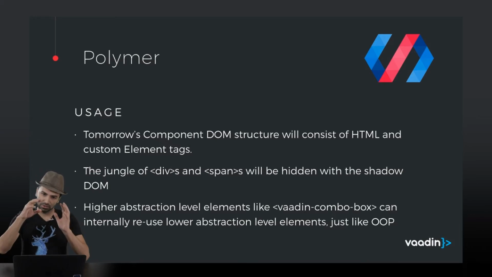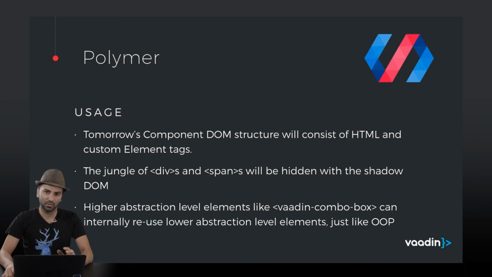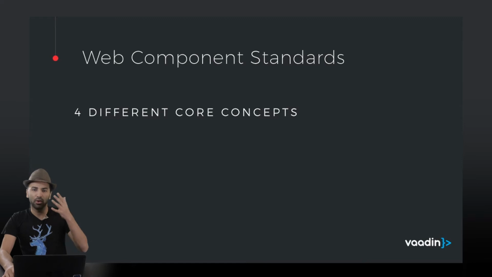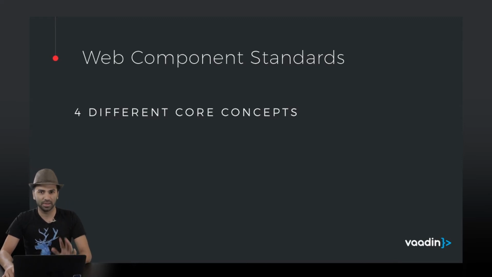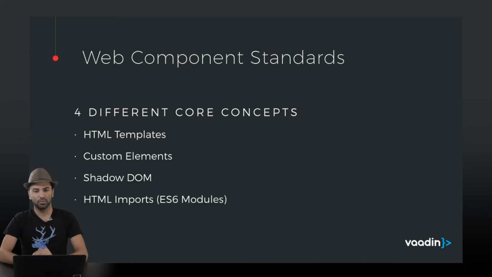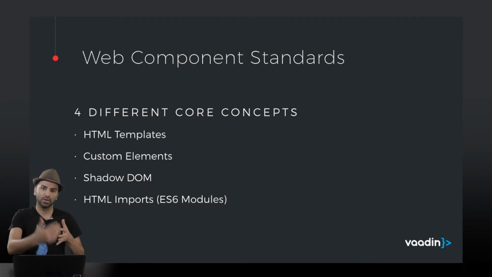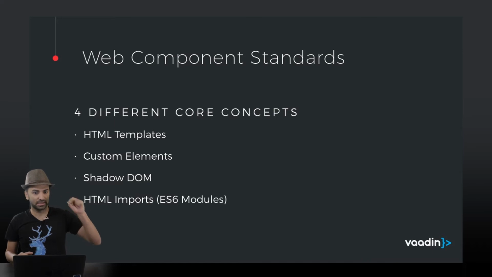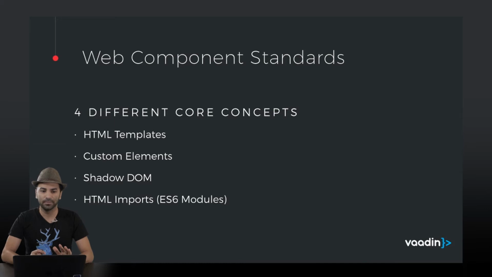So to put a little bit more focus on what web components actually are, we have 4 or 5 different core concepts. I'm gonna say why they are 5. First of all, it's the HTML templates, custom elements, shadow DOM, and finally HTML imports. So as of right now, because this is a work in progress standard, the first 3 of them, HTML templates, custom elements, and shadow DOM, are final and standardized, and I think all browsers support them as of right now.